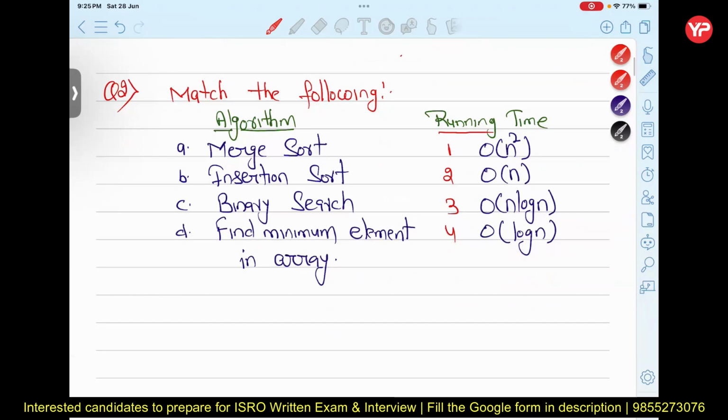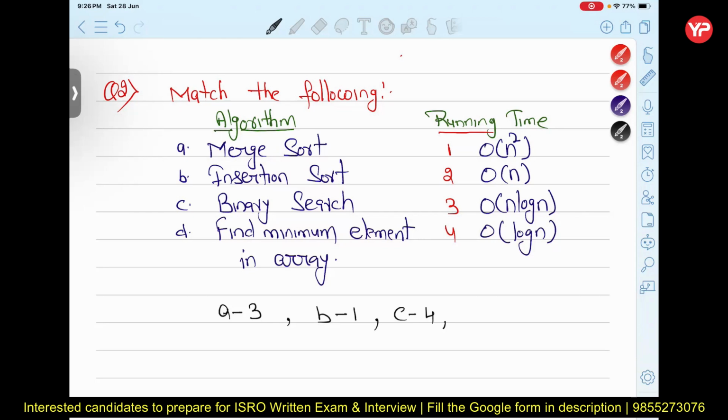Second very important example: match the following algorithms with their running complexity. Merge sort is n log n, so A is 3. B is insertion sort, whose worst case time complexity is n square, that is 1. C is binary search, whose time complexity is log n, that is 4.